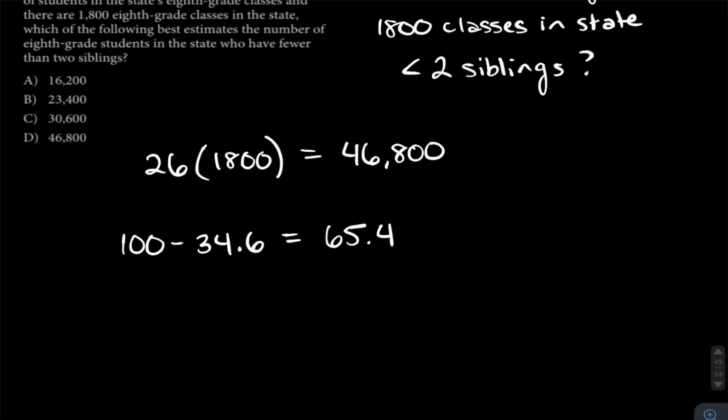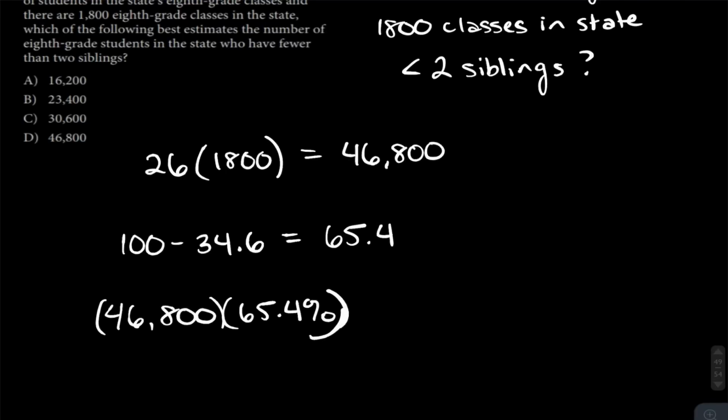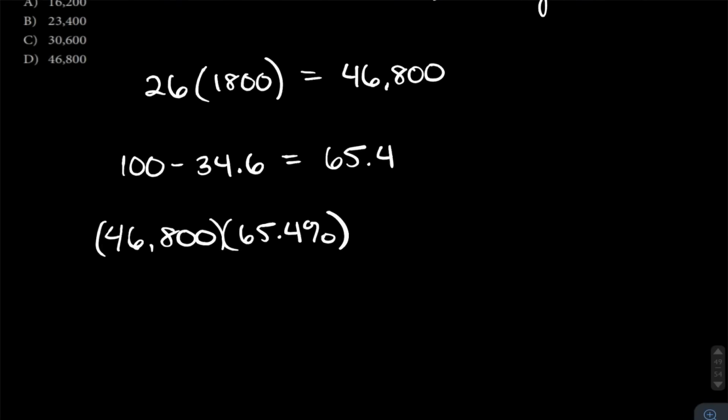So let's actually just multiply that together and see what that ends up being. Remember, this is a percent. You're not just multiplying 46,800 by 65.4. You need to convert that to a decimal. And so we put in our calculators 46,800 times 0.654.